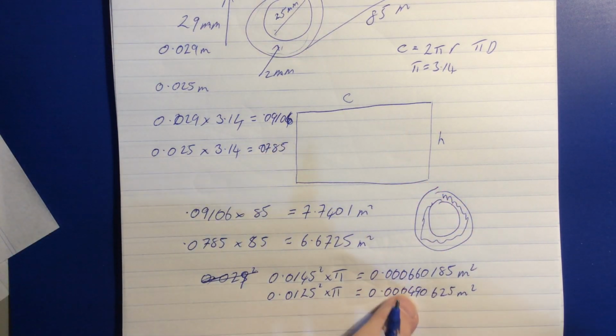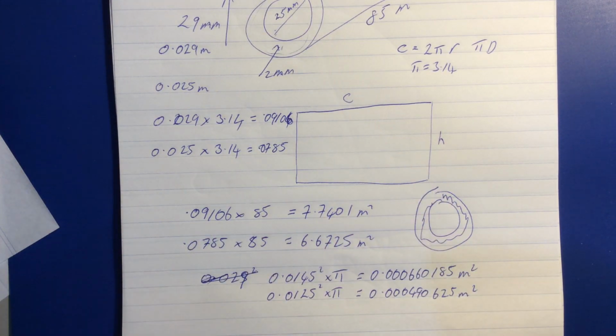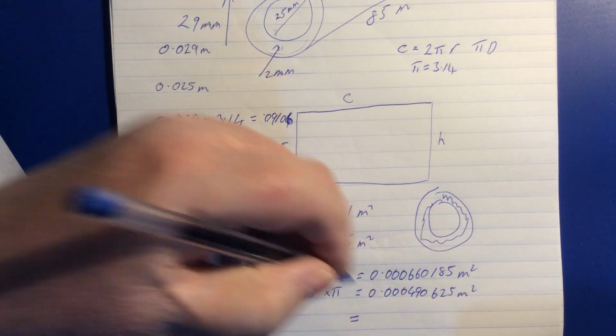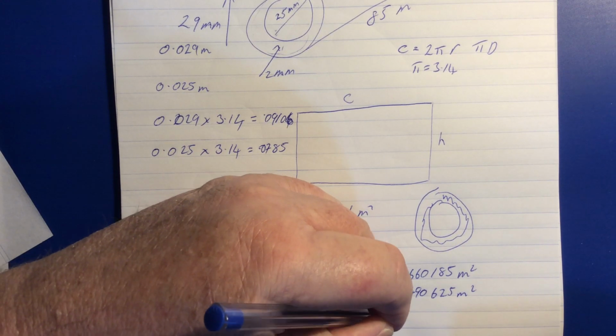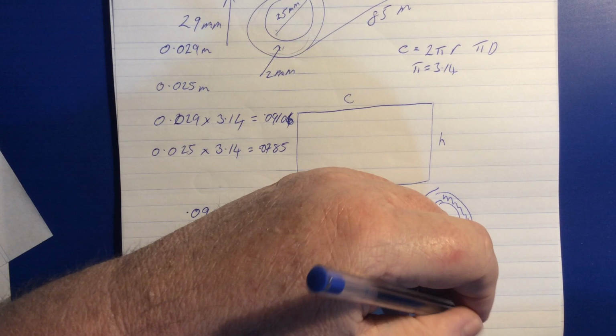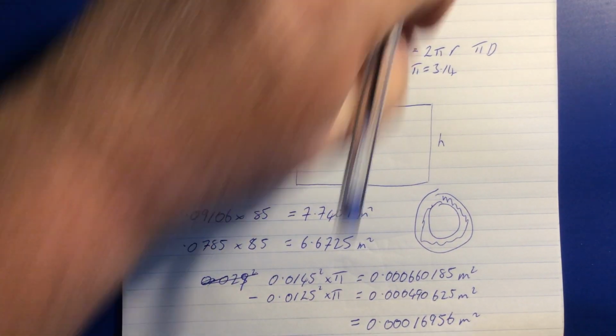Now I'm going to subtract this from this, and it will give us that shaded region there. Minus, and that equals 0.00016956 meters squared. Now there are two of these, there's one here and there's one at the other end.